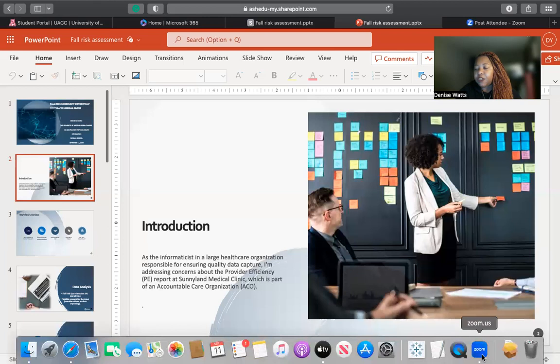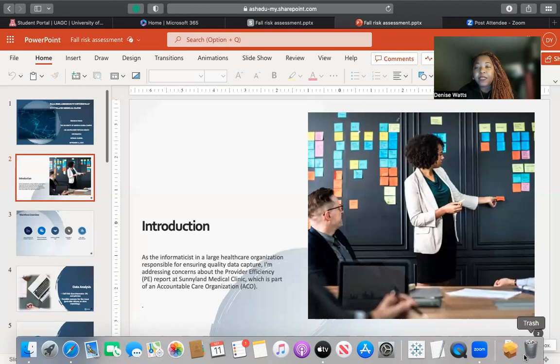Recently, the site manager approached me with concerns regarding clinical performance in the area of fall risk assessment, which is a vital quality measure. Sunnyland Medical Clinic has a strong commitment to providing high quality care to our patients while meeting regulatory requirements.